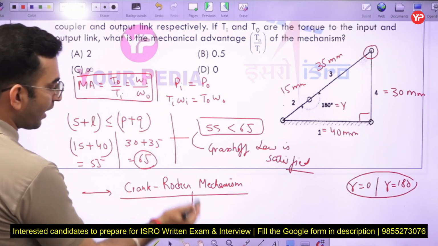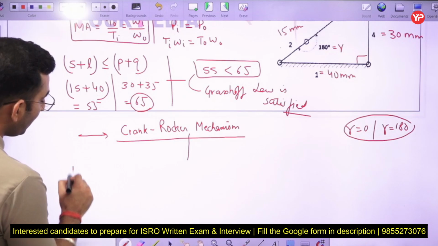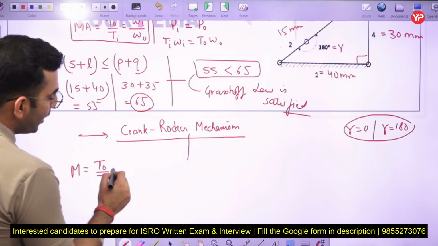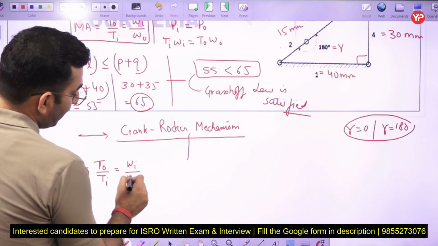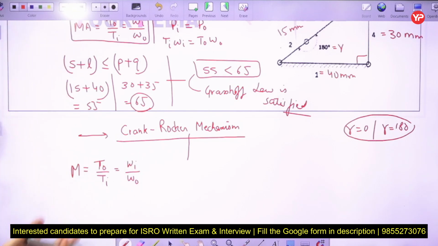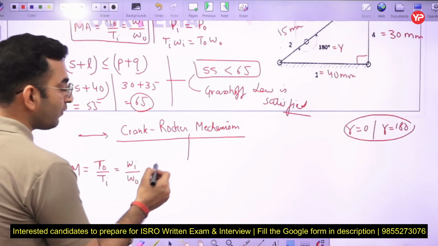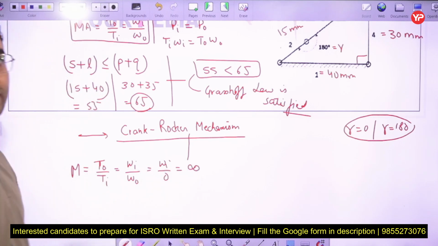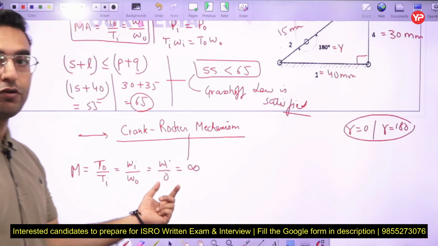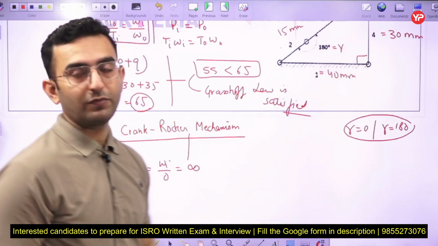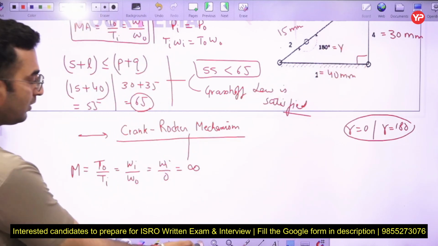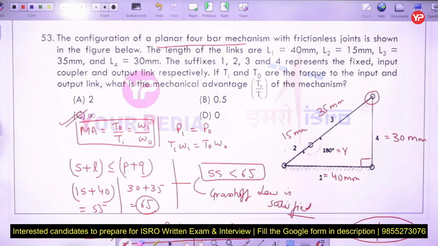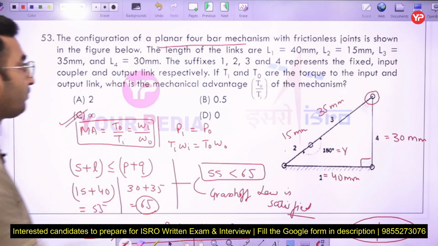Therefore the mechanical advantage, which is equal to the output torque by the input torque, is equal to the angular velocity of the input link divided by the angular velocity of the output link. It will become infinity here, because the output link has zero angular velocity at the toggle position. So in this case option C will be the correct answer. That's again a very simple question.